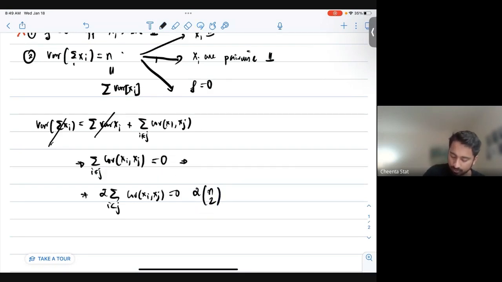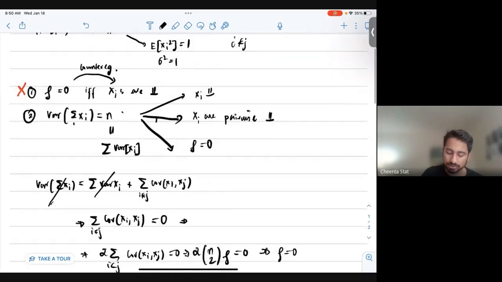So all of them are rho, which is equal to 0. This implies that rho is equal to 0.